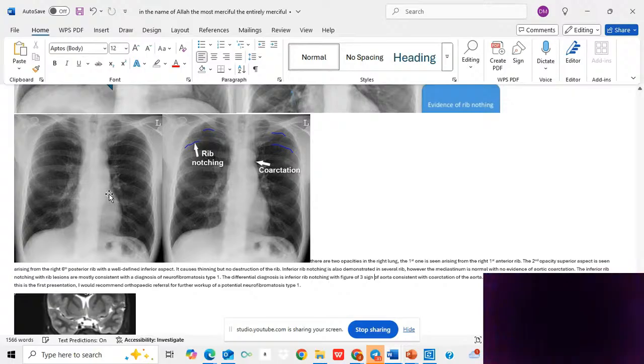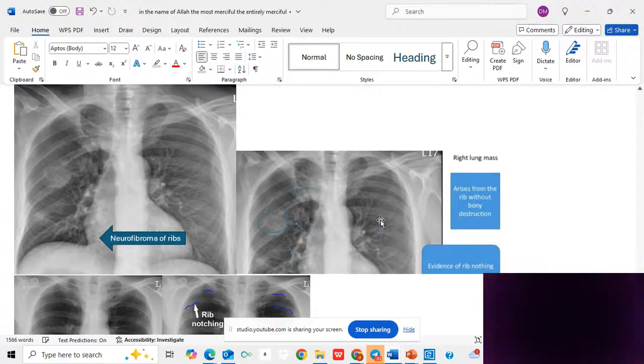You need to check the mediastinum for any evidence of aortic coarctation. So let's see here. There's evidence of inferior rib notching, however, there is no evidence of figure of 3 sign of the aorta, so there is no aortic coarctation.